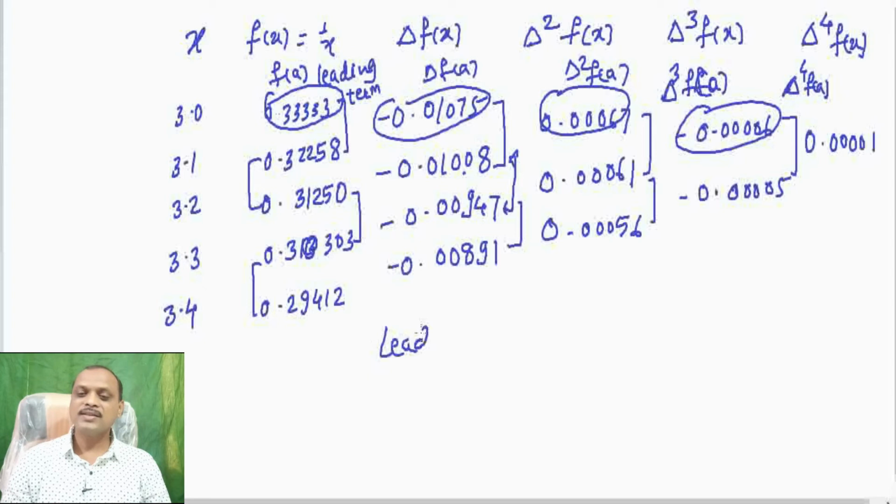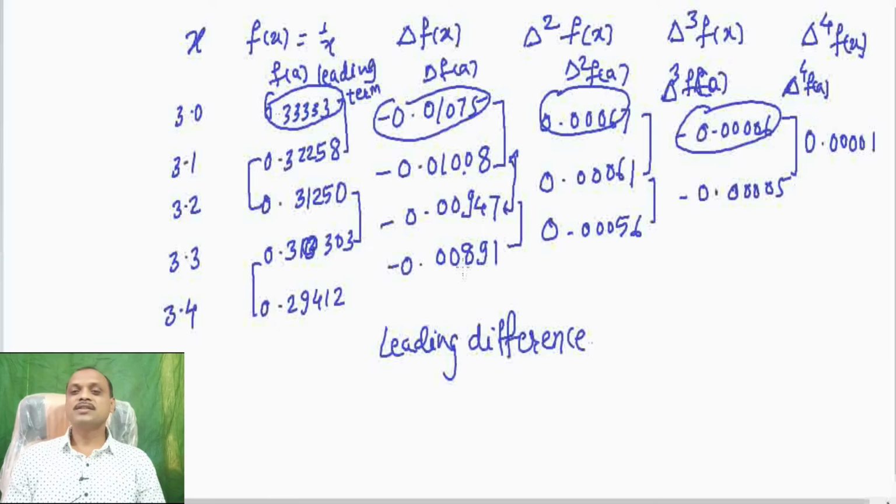So these are called leading differences. So friends, in this manner we can construct a difference table and we can write all these values of the finite differences, first, second, third differences in the difference table. Thank you friends, thank you for watching the video.